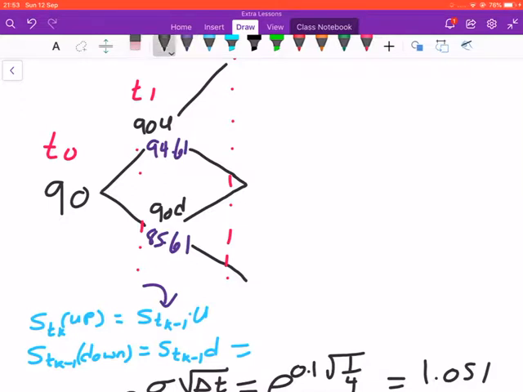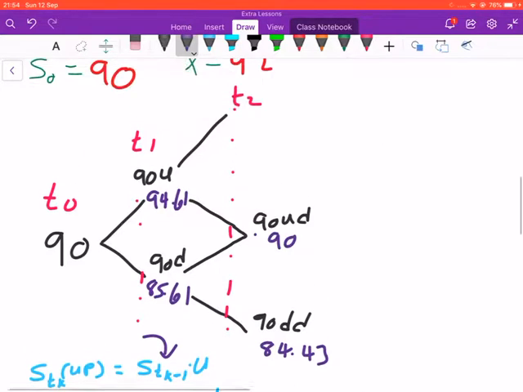You will have 90 DD, and the value of this option is going to be 84.43. And to find this one over here, you will say 90 UD. Whether it's 90 UD or 90 DU, it doesn't matter. The value, as you can imagine, is the same, and the U and D basically cancel each other.